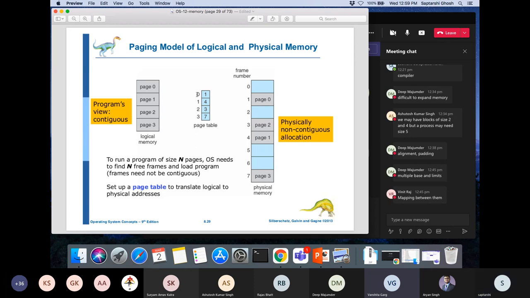So suppose now this process asks for another page. A page 4 will come here and another entry will be added to the page table. Let's say this frame 5 is given to the process. So another entry will be added to the page table, saying that logical page 4 is stored in frame 5. And easily the process can expand its space.